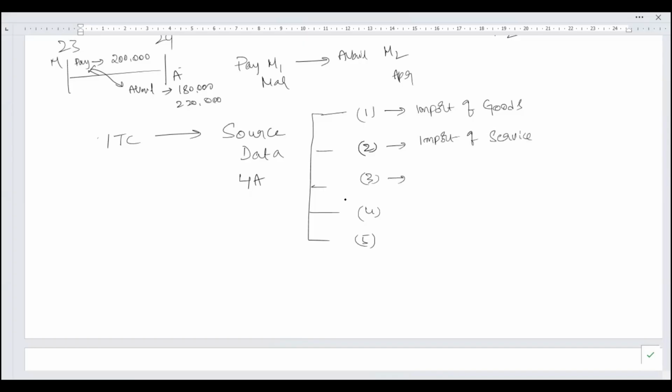Third table is your reverse charge mechanism paid, which is your domestic transactions. Fourth is your input service distributor, any ITC you claimed on account of ISD. Fifth is your ancillary, all other ITC, wherever I don't fit 1, 2, 3, 4. That's how the nomenclature came, all other ITC.